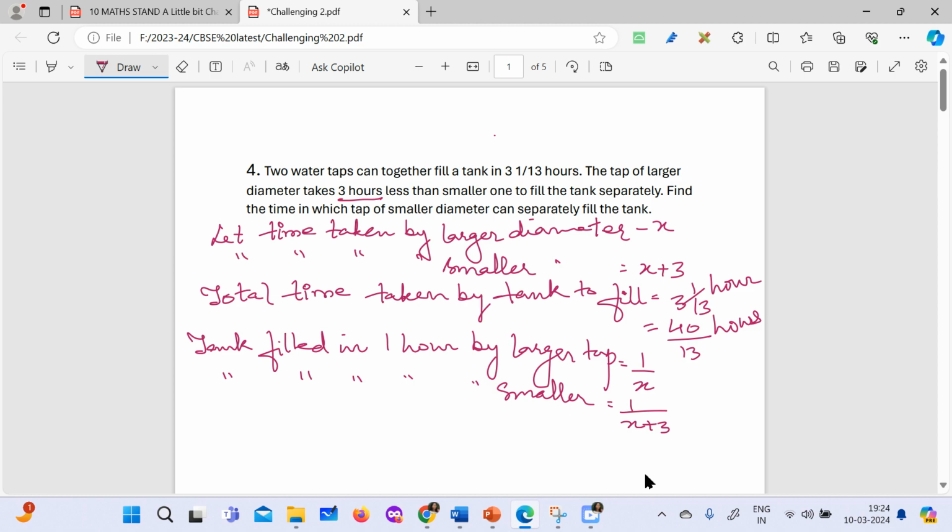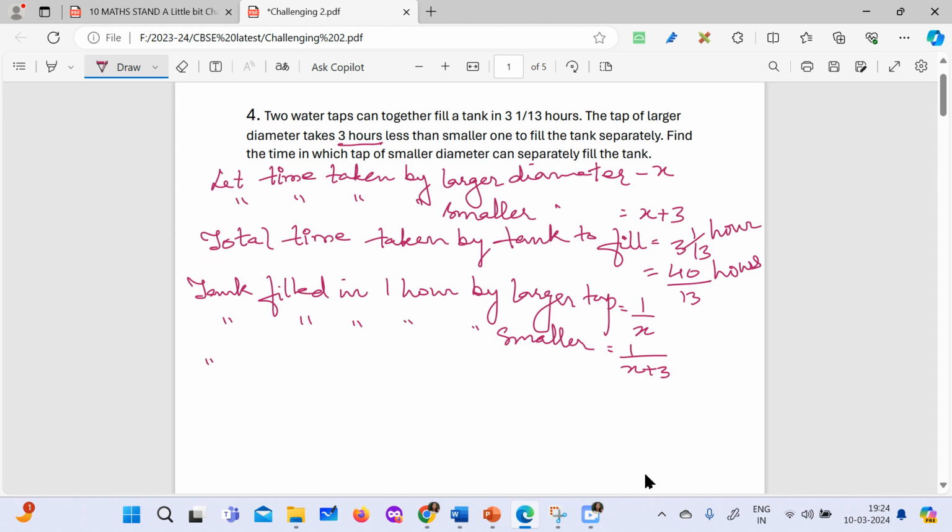The tank filled in 1 hour is 1 over 40 upon 13, that is, you can write it as 13 over 40.